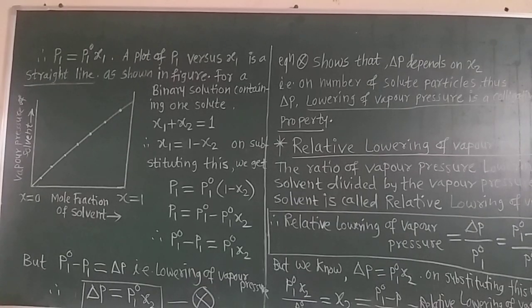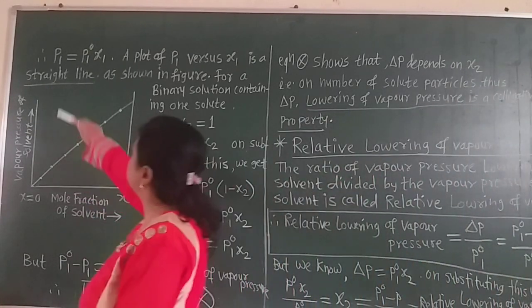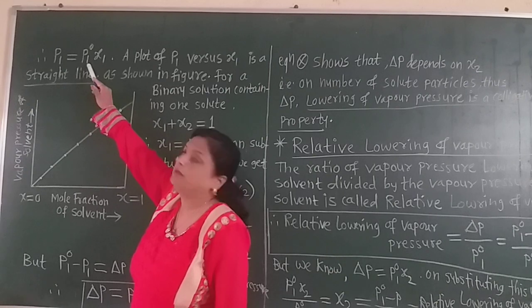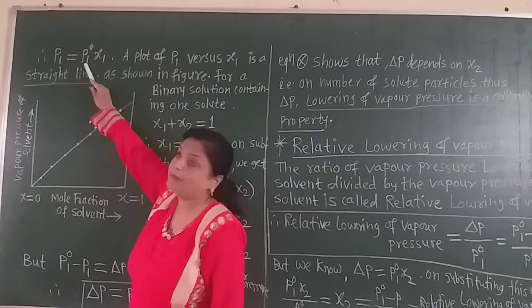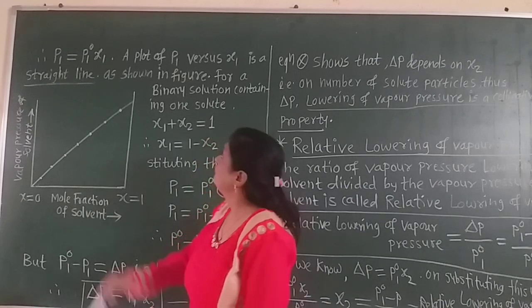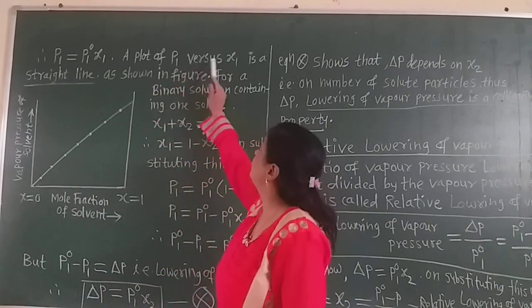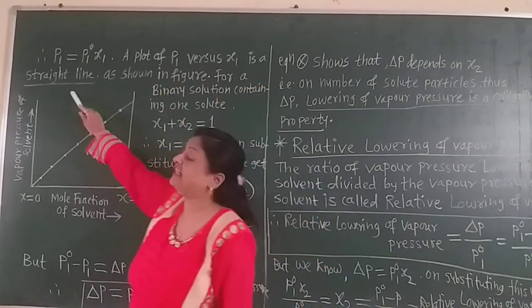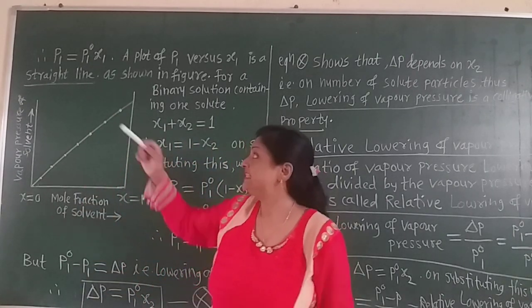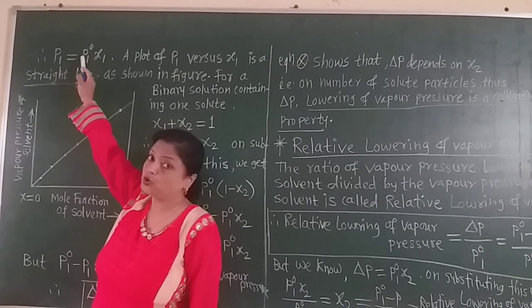Now again, see students on the blackboard, pay attention. We know that the vapor pressure of the solution from Raoult's law is equal to the vapor pressure of the solvent multiplied by the mole fraction of the solvent. When we plot a graph of P1 versus X1, it is a straight line passing through the origin, because this is the equation y is equal to mx.